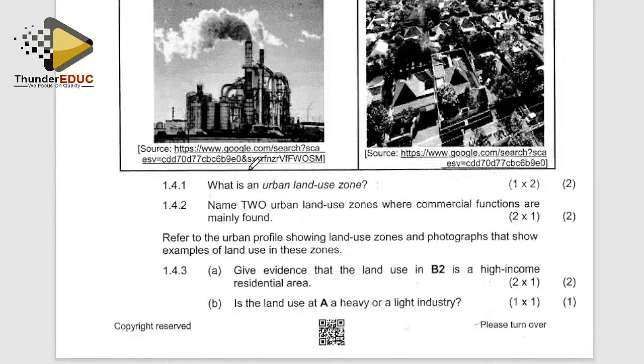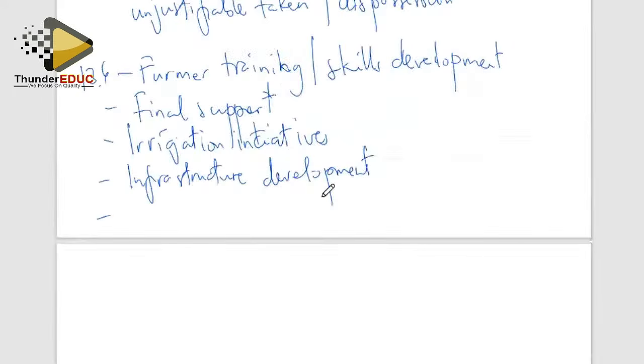What is an urban land use zone? We're just going to define it generally. Number 1.4.1. What is an urban land use zone?